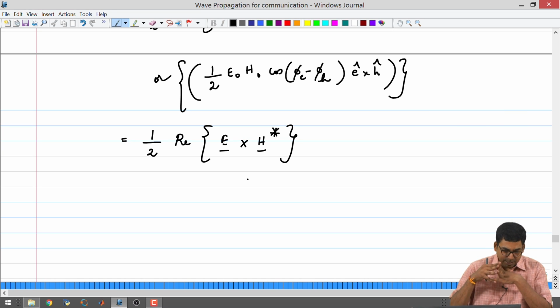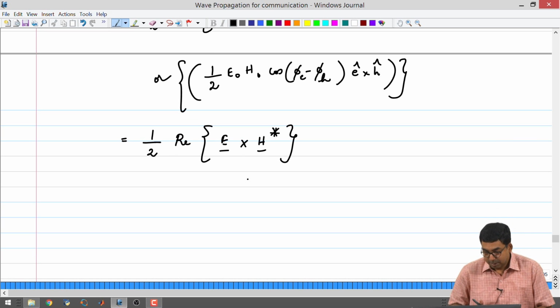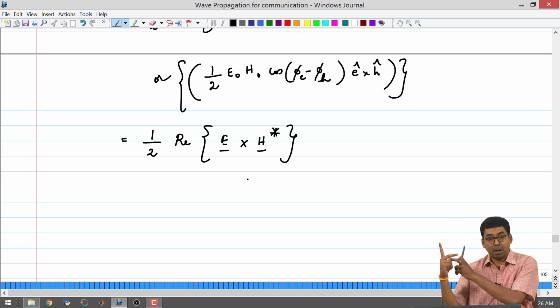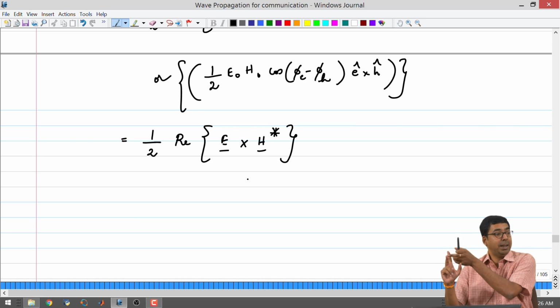The other thing that we are looking at is that the power is dependent upon E cross H complement. Whenever we have something like this, E cross H complement, and if we write down only the real part, you will get cos of phi E minus phi H. This means that if you have a configuration where the electric and the magnetic field unit vectors are perpendicular to each other following a right hand rule, so the direction of propagation is say your thumb, and the electric and magnetic fields are given by your index and middle fingers.